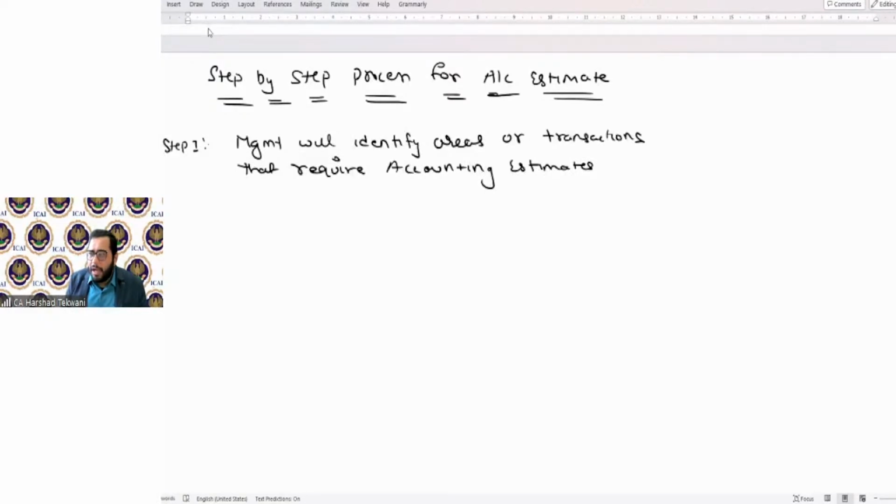So they will go and identify the areas which require accounting estimates.